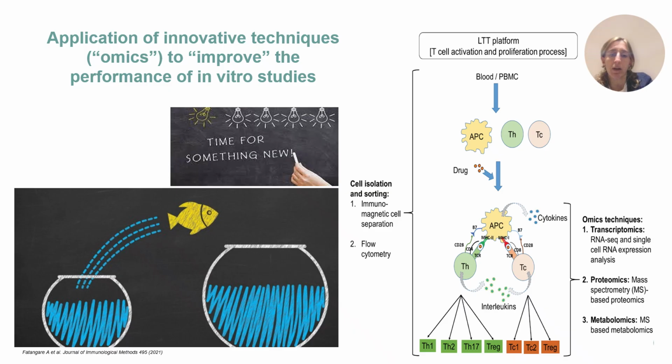With the application of innovative techniques, we have all the omics to improve the performance of the in vitro studies, and with this we need to obtain cells from the blood, PBMCs from the patients. We have antigen presenting cells, we have lymphocytes, helper and cytotoxic, and we have the drug.